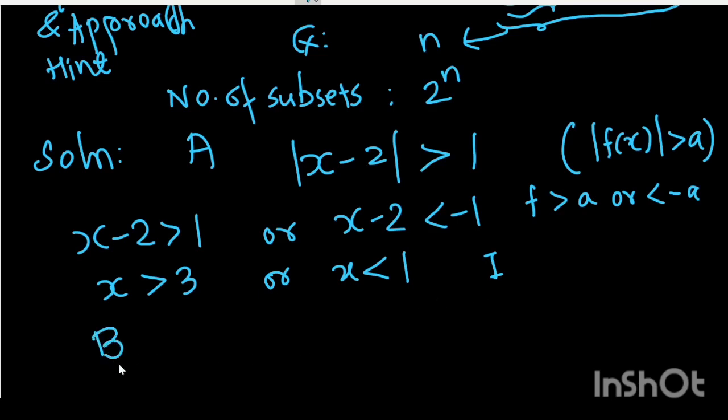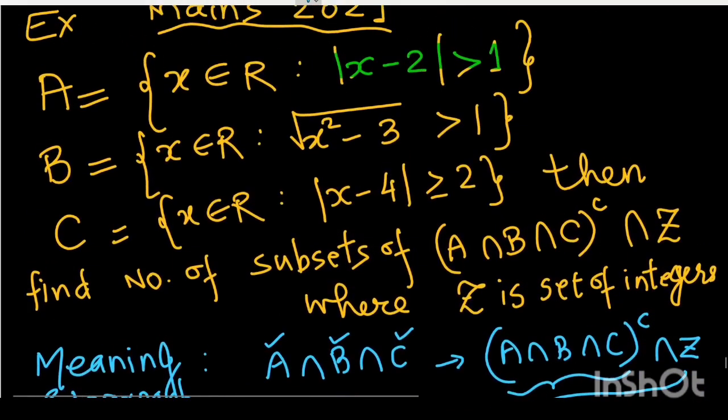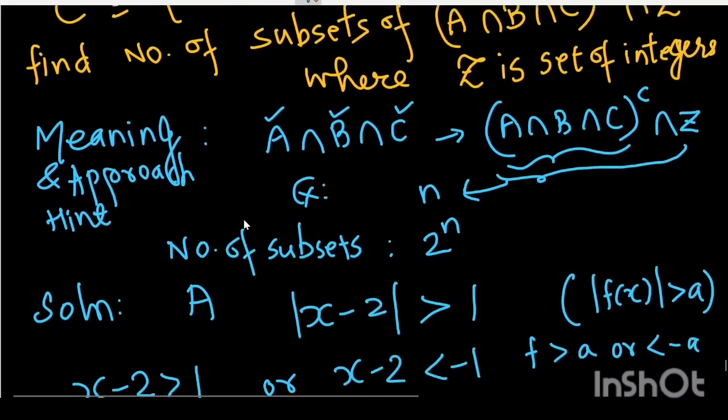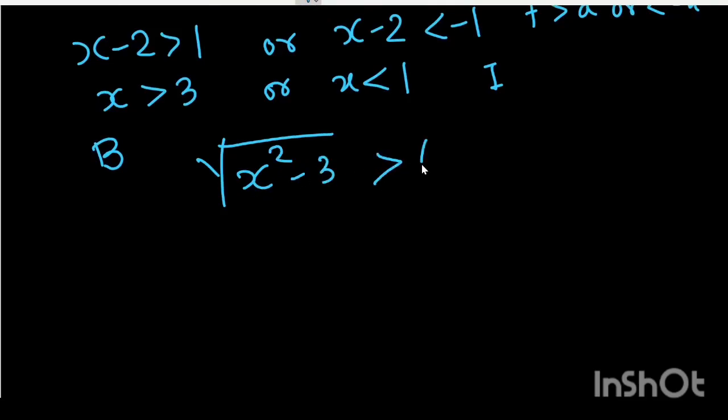Now we will solve for set B. Set B is the solution of inequality under root of x square minus 3 greater than 1.